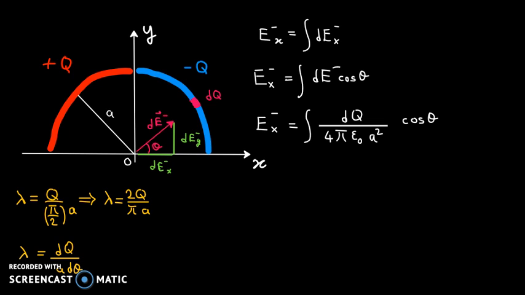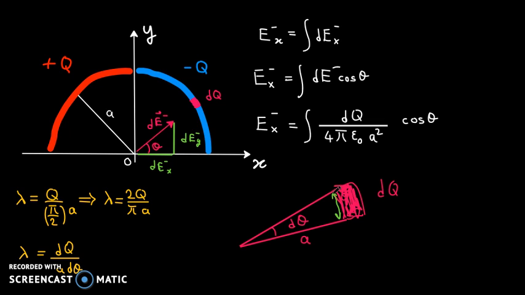Now lambda is also the charge density of the unit element dq, right? So it's equal to dq, the charge on the unit element, divided by the width of the unit element, which we can express as a times d theta. Now let's see with a larger picture why the width is equal to a times d theta. The angle that is subtended by dq is simply d theta, and the width of dq is really just this arc length here.